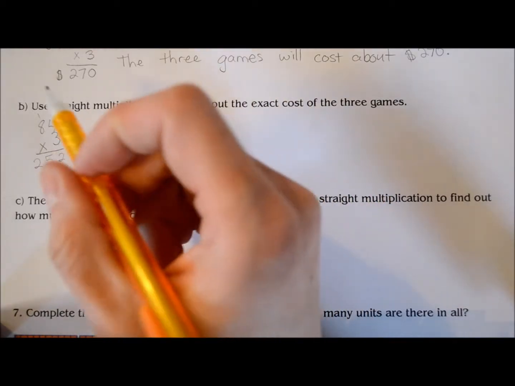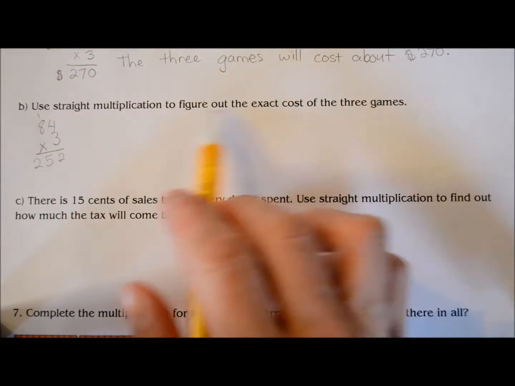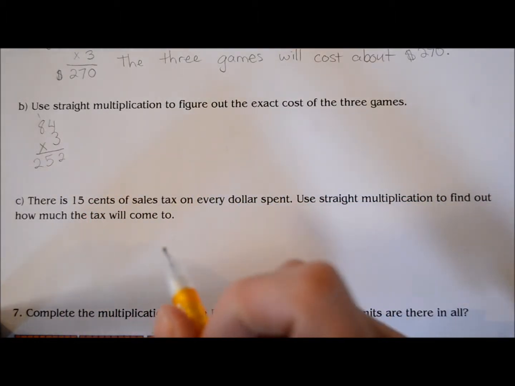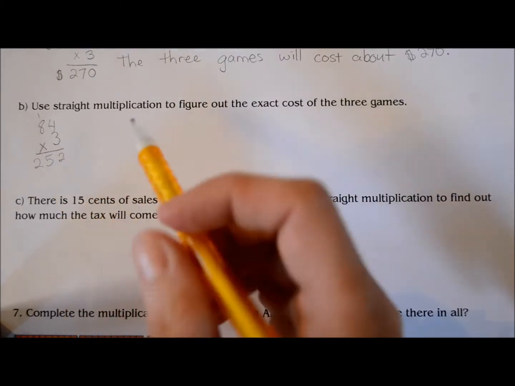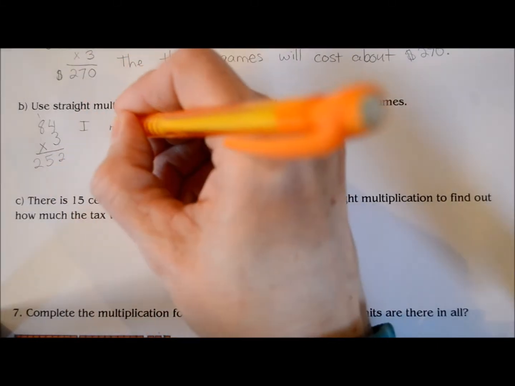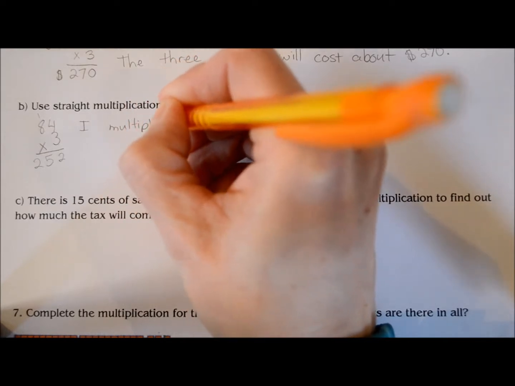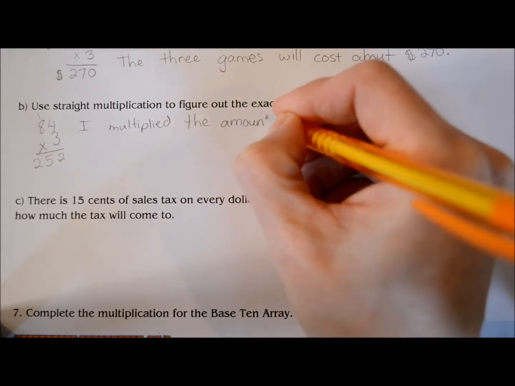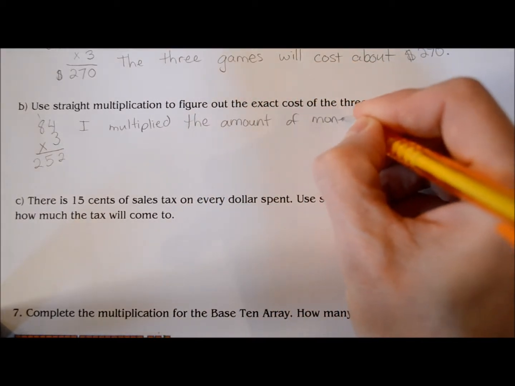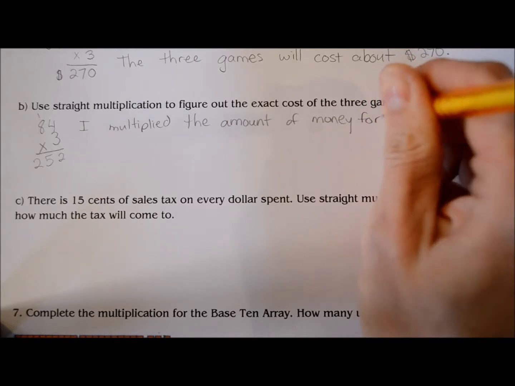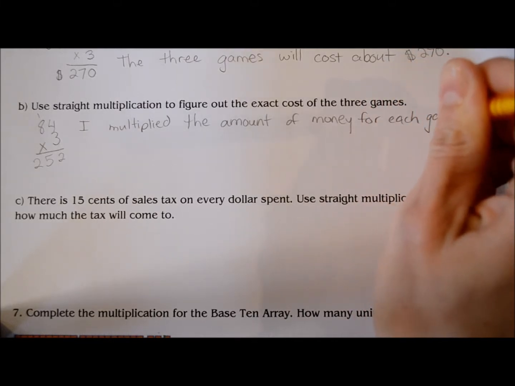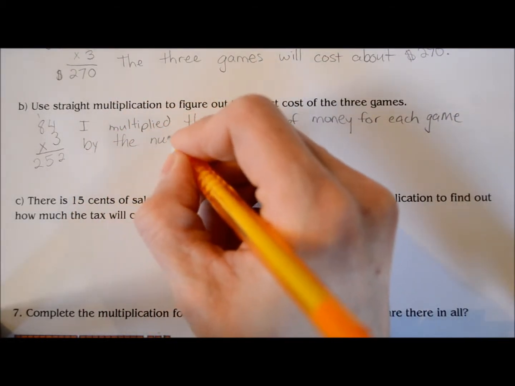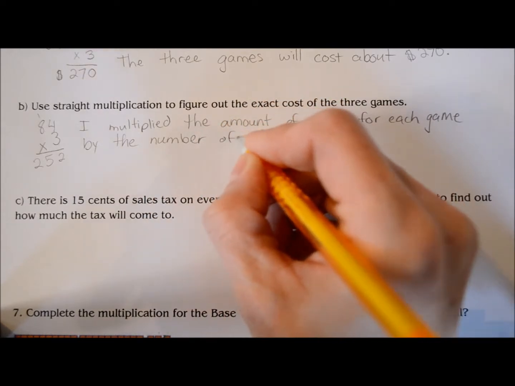So before I write my conclusion, I have to explain my thought process. So what did I actually do? All I did was used multiplication. I multiplied the amount of money for each game by the number of games.